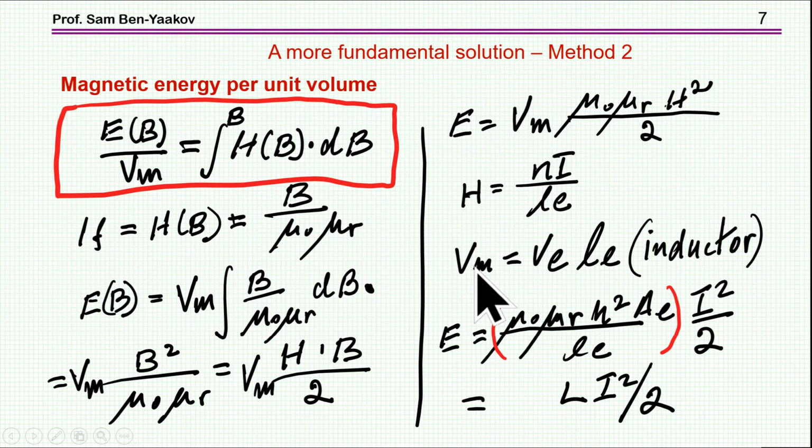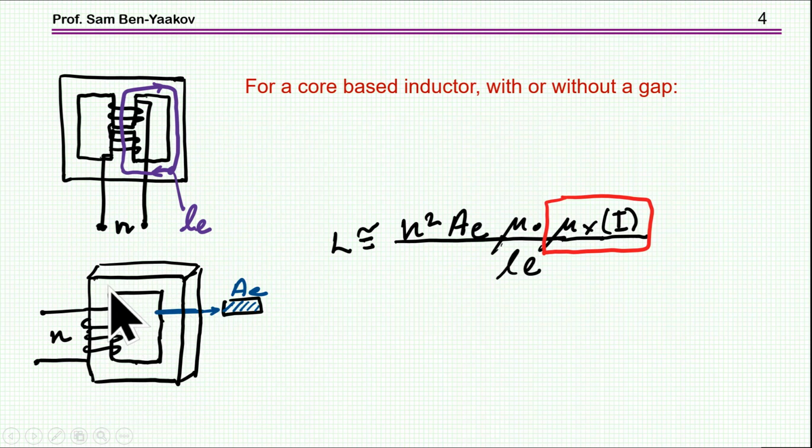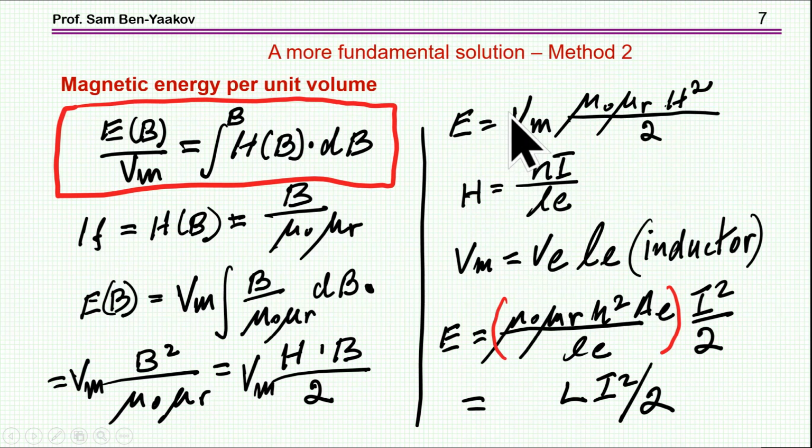The volume of the body we are talking about is the cross-section times the magnetic path length, and when I replace the volume in here, I'm getting mu r, N squared, Ae, the cross-section of the core, over Le. And lo and behold, this is the expression for the inductance of an inductor built around the core. So we are getting L i squared over 2. I've shown that these are compatible, and exactly the same, of course, for the linear inductor.